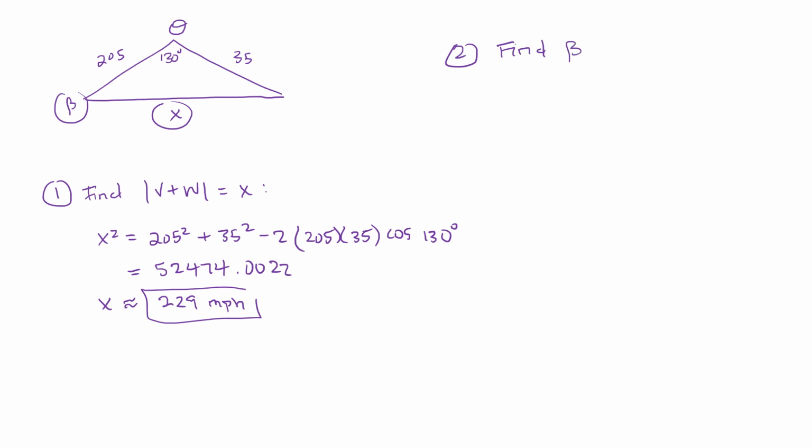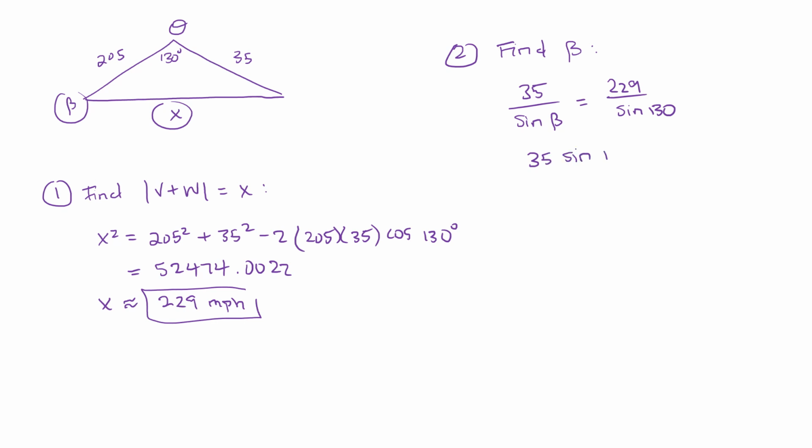We're going to find beta. Okay, because that's going to help us identify the true course. All right, so let's find beta. So we will have 35 over the sine of beta equals 229 over the sine of 130 degrees.